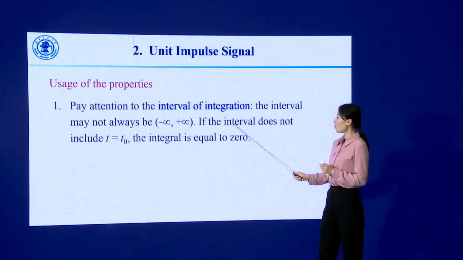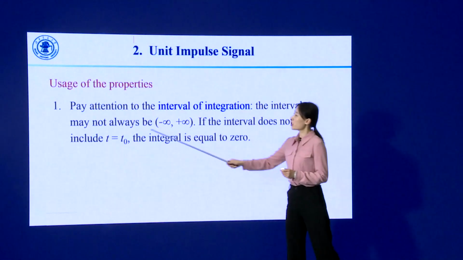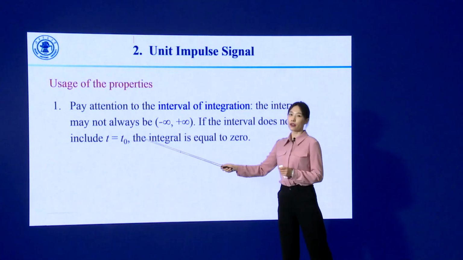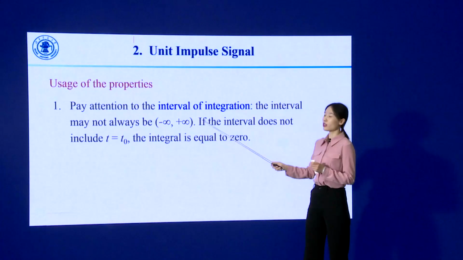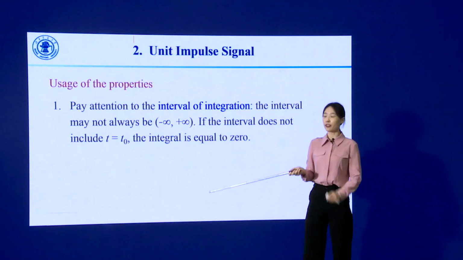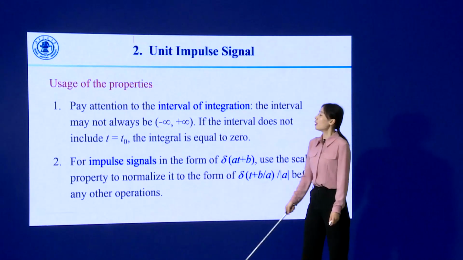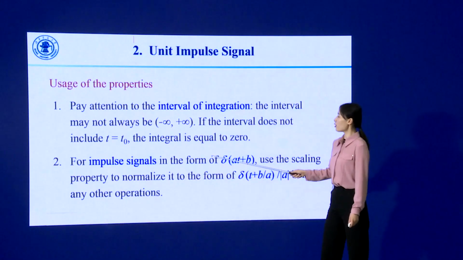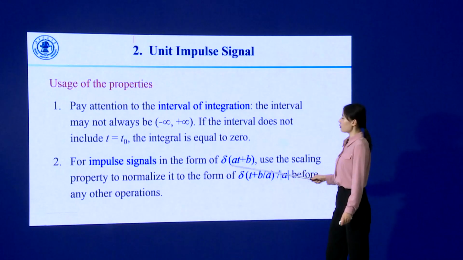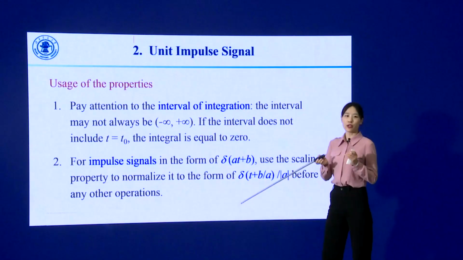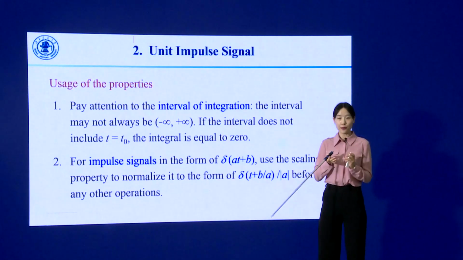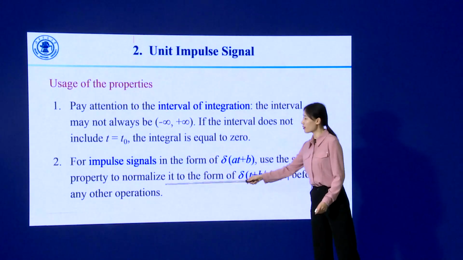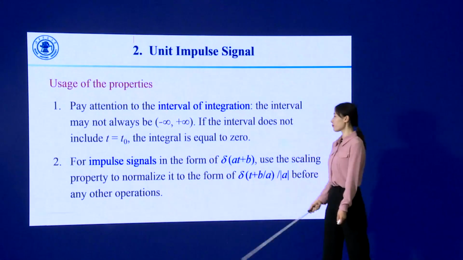If the interval does not include t equals to t sub 0, then the integration result is equal to 0. When the impulse signals are in the form of this equation, we should first use the scaling property to normalize the delta signal.